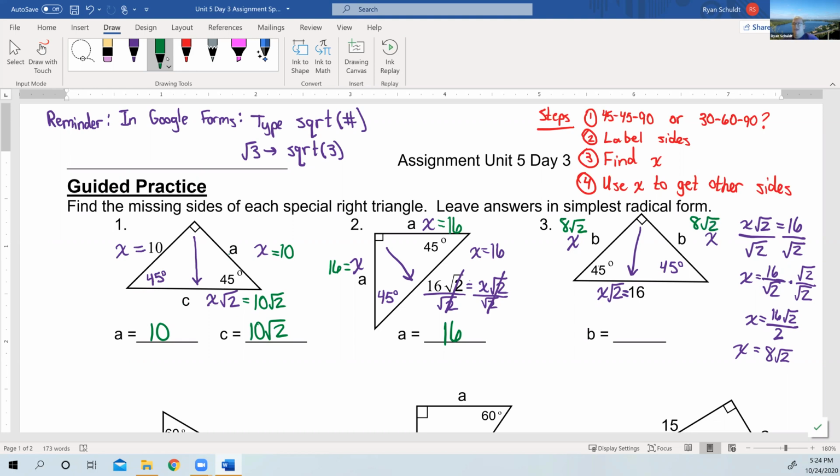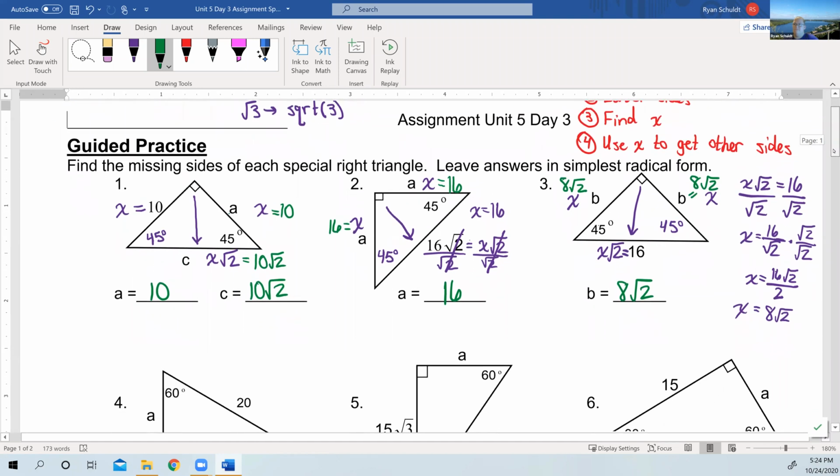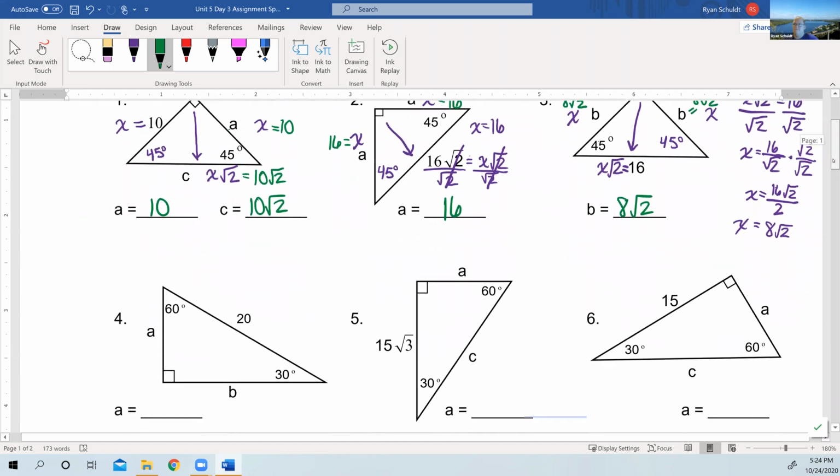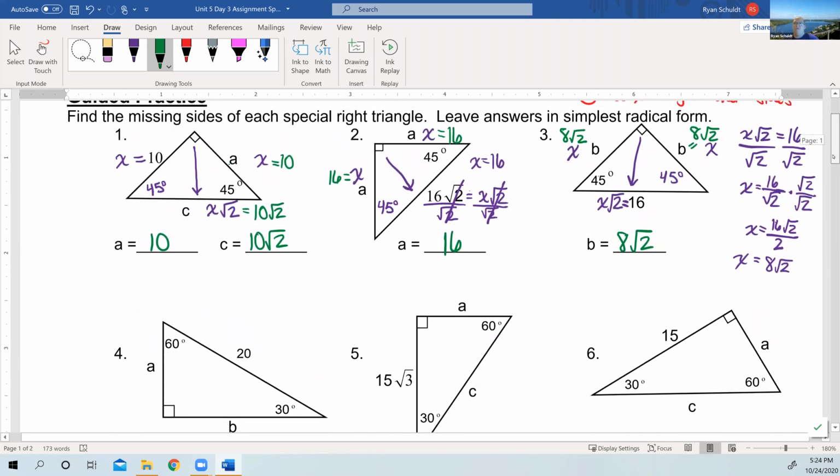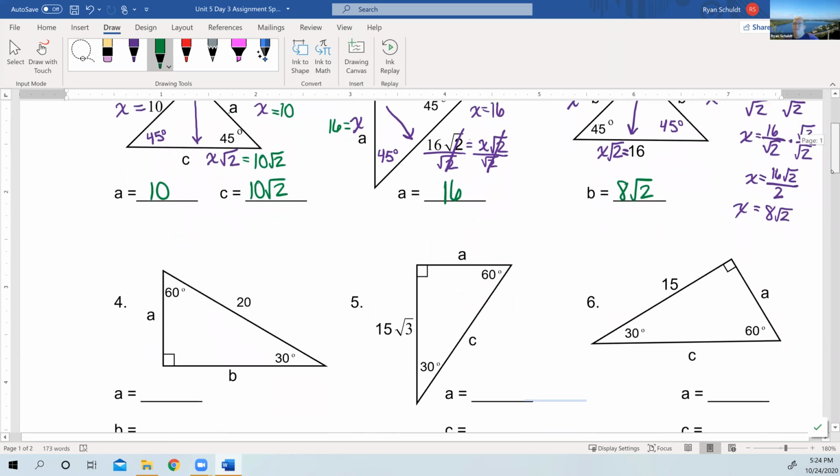So what's b equal to? Eight square roots of 2. That's it. So those 3 were 45, 45, 90.